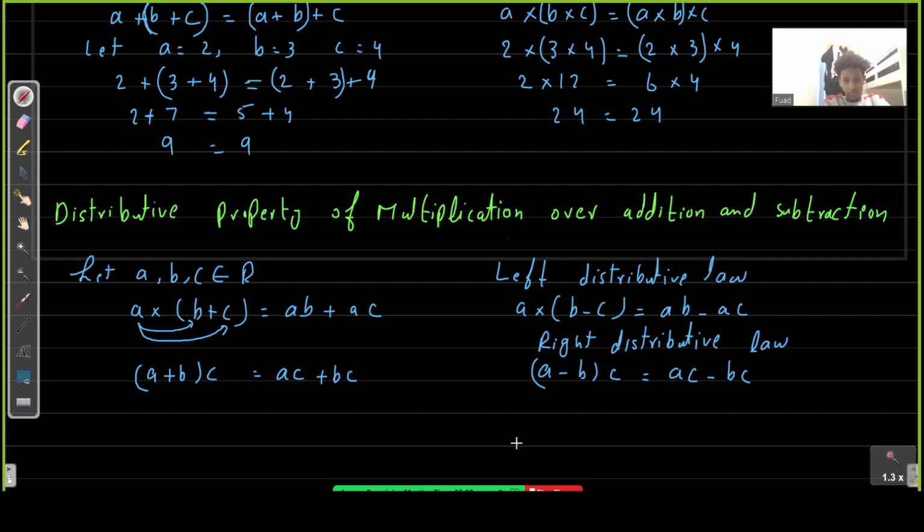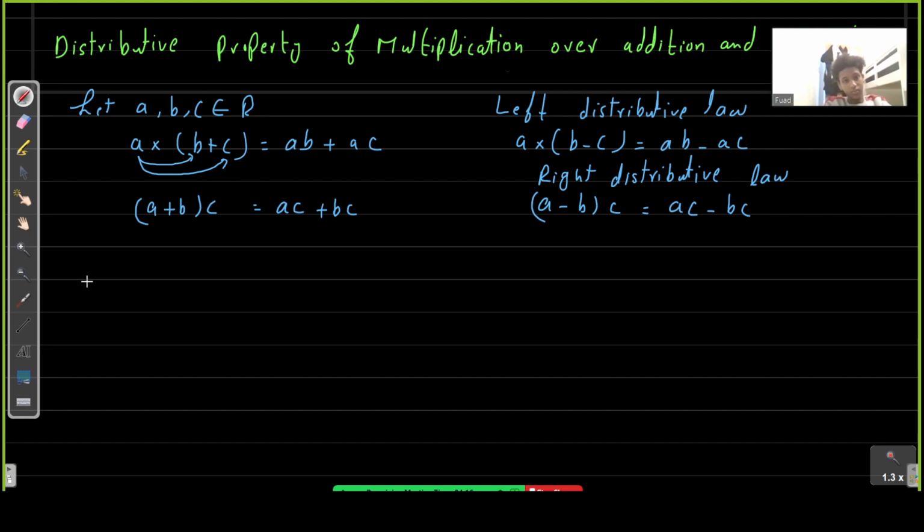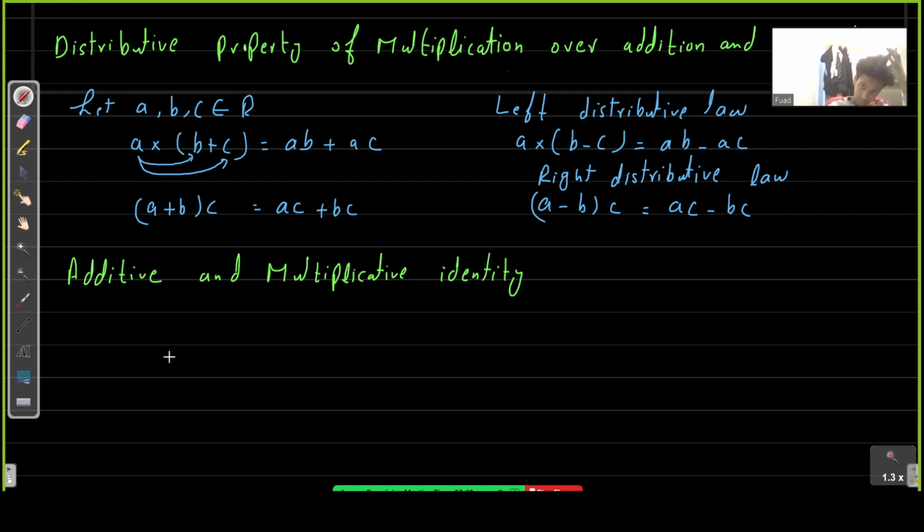So these are the properties of multiplication and addition. First I'm going to write the additive identity, then the multiplicative identity. Those numbers which we add to any number and that number will remain the same is called the additive identity.